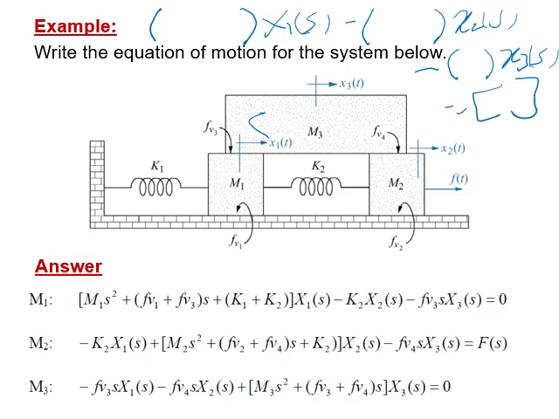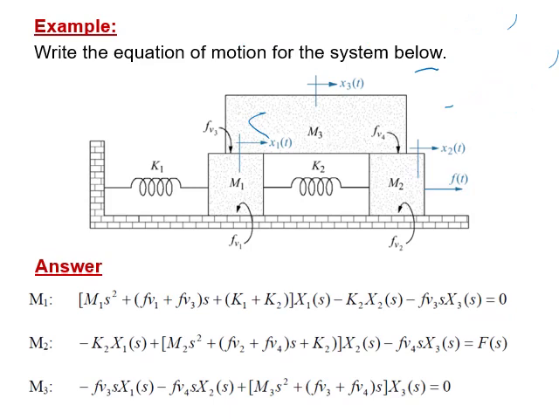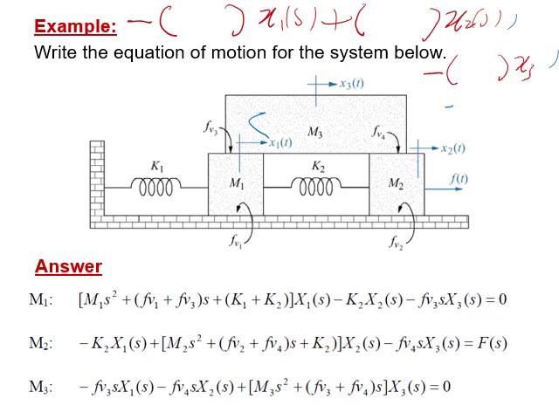Equation number 2: minus bracket X1 of s plus bracket X2 of s minus bracket X3 of s equal to the total forces. This is equation number 2.